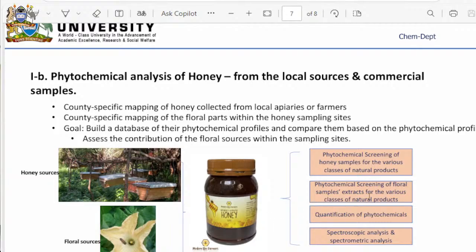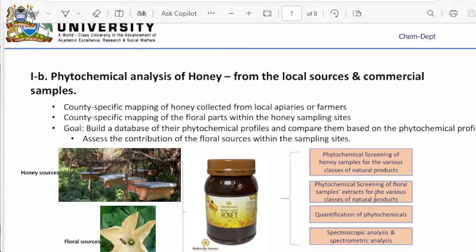So what we do is we source honey from various local sources, farmers from around, and then also the floral parts from around the same apiary locations. And then we screen them for phytochemistry. We also do floral sampling, and then quantification, and then spectroscopic analysis.